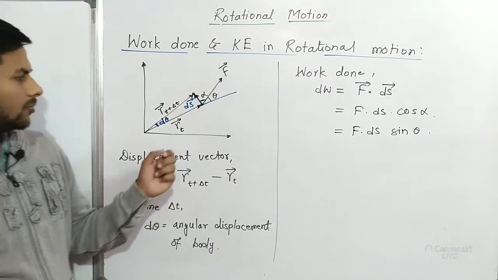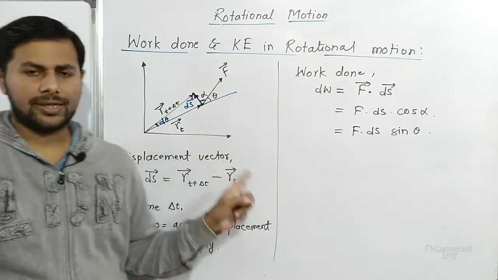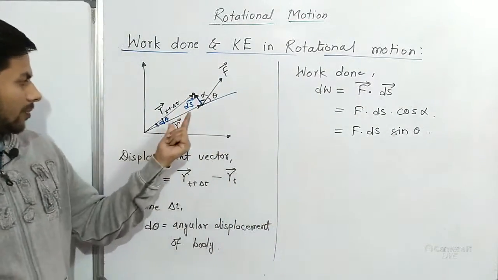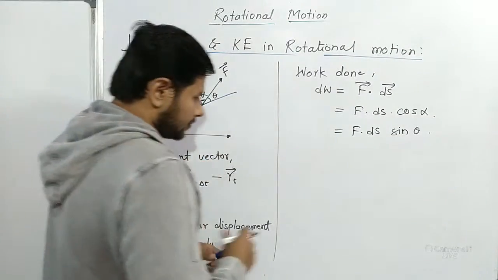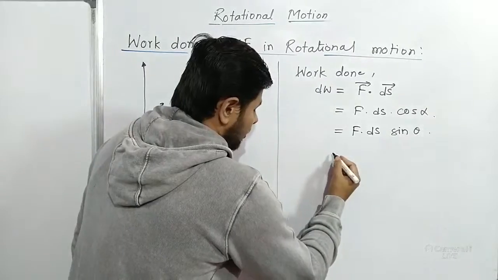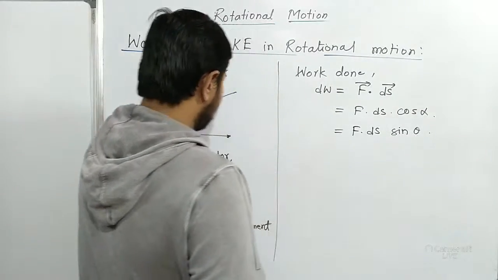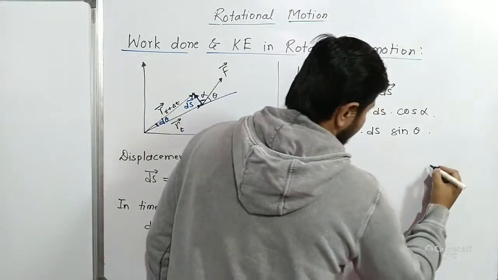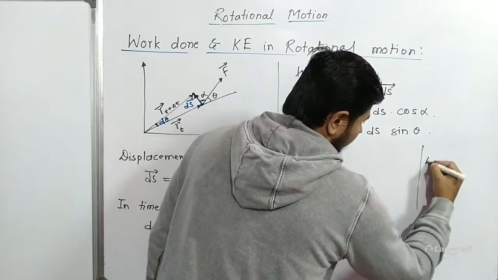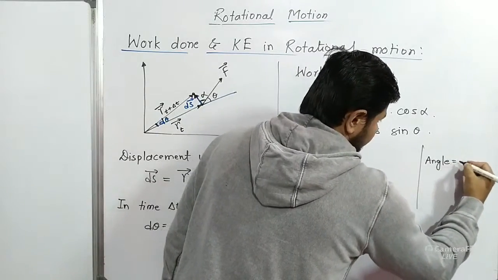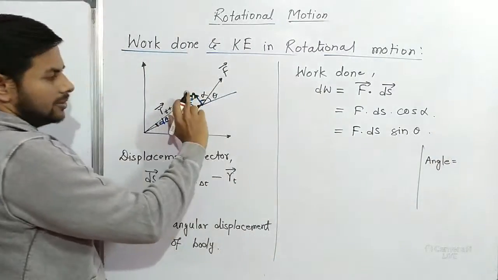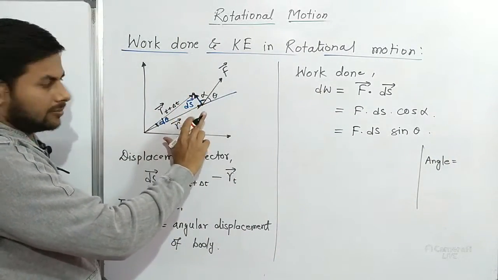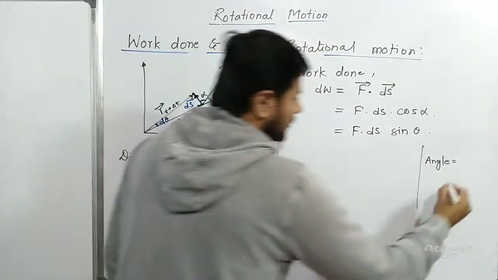All right, and now I will represent this ds in terms of r and theta. We know that angle is the displacement divided by radius, or you can say arc divided by radius.